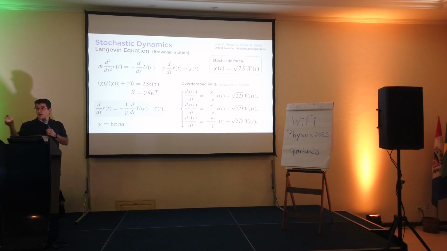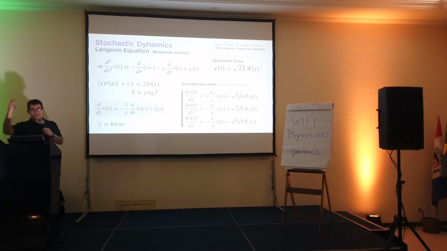This is because you're already in the over-damped limit. So the equations of motion are very simple, except for the fact that you have this stochastic term. So this is technically a stochastic differential equation, which is not so nice to do, but it's not too complicated either. All right, so this is just to give you a basic idea of the physics.